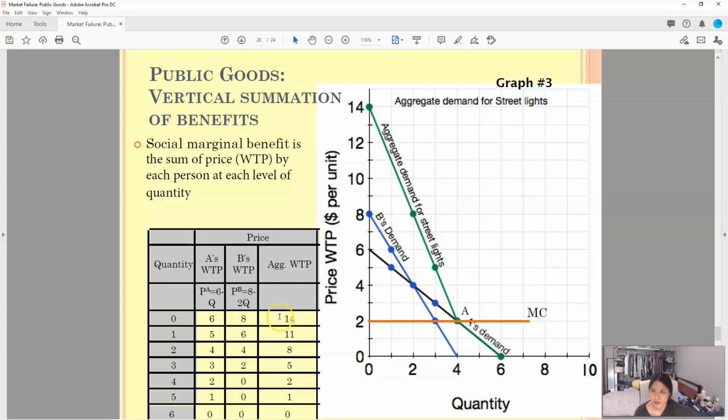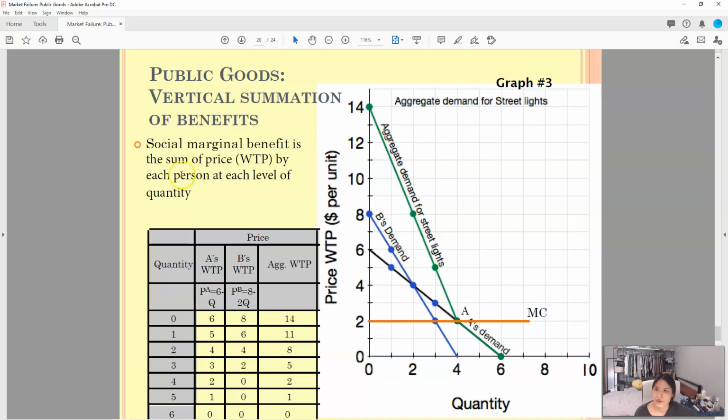So when we plot the relationship between quantity and aggregate willingness to pay in this graph, we get this blue line, the aggregate demand for street lights, right?